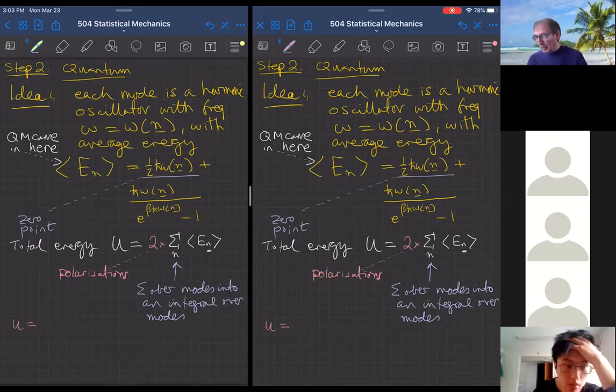Okay, so then what I'm going to get is 2 times the sum over k, and these n's go from 1 to infinity.